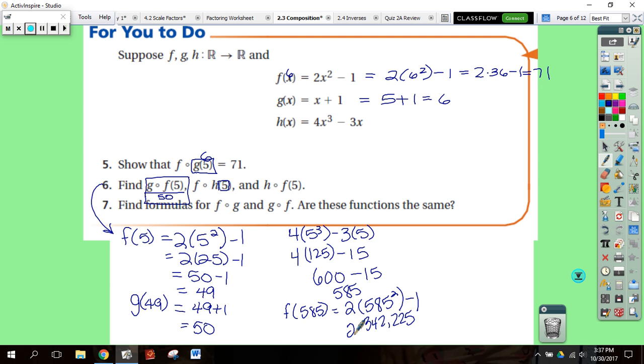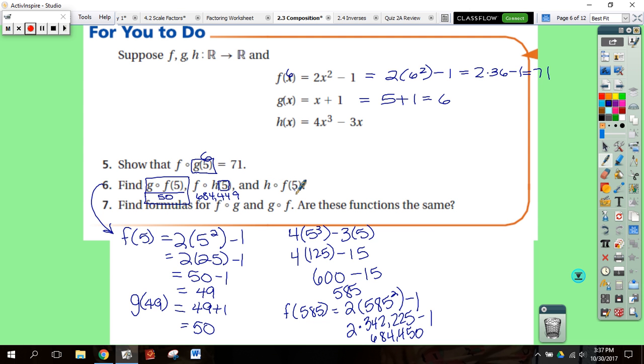And then we're going to multiply that times 2 and then subtract 1. If we multiply that times 2, we get 684,450. And if we subtract 1, we get 684,449, okay?